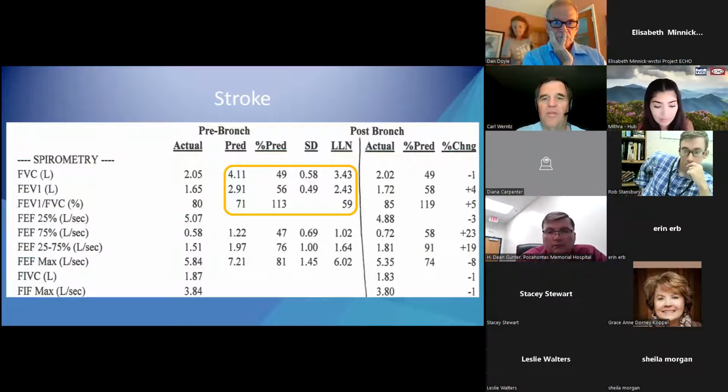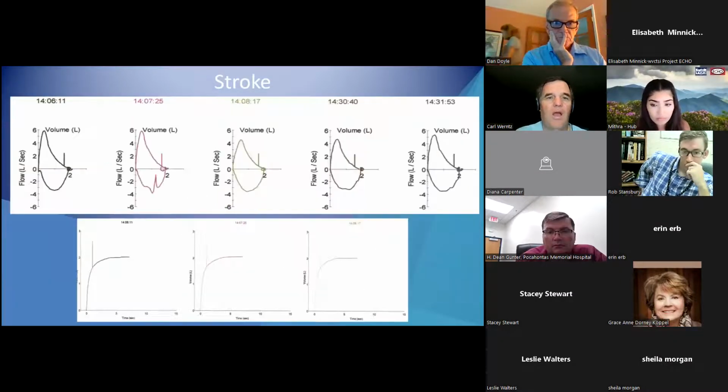It really didn't change much with bronchodilator. These are the actual graphs, and you can see they're pretty good effort. Maybe some glottic closure, but not severe.